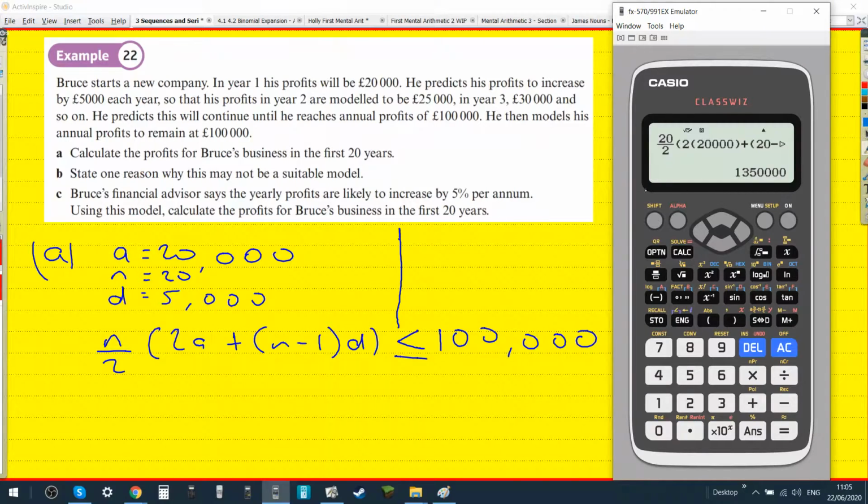So I still sub in a and d. Yeah. Replacing that with x: 2 times 20,000, x minus 1, the common difference is 5,000, and that equals 100,000.